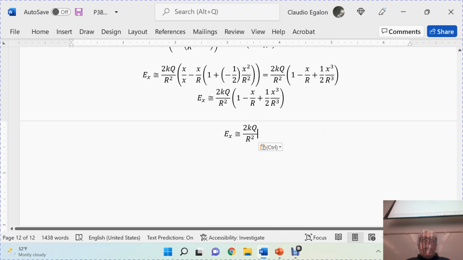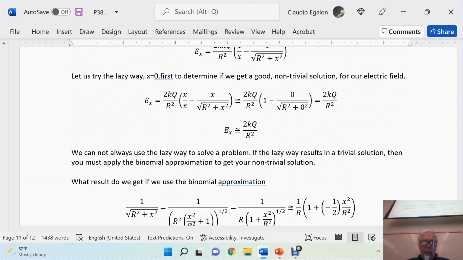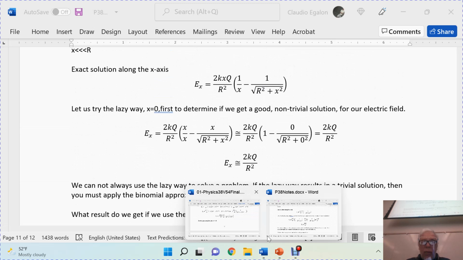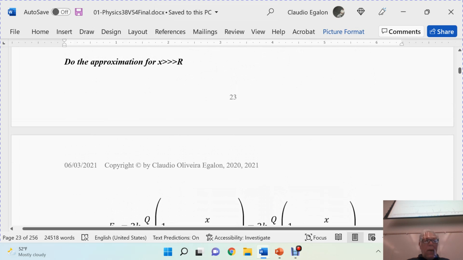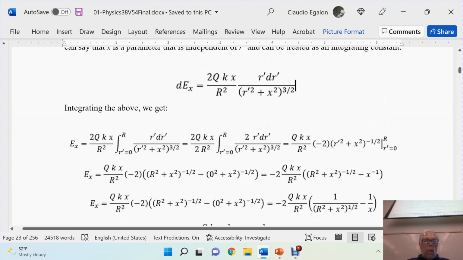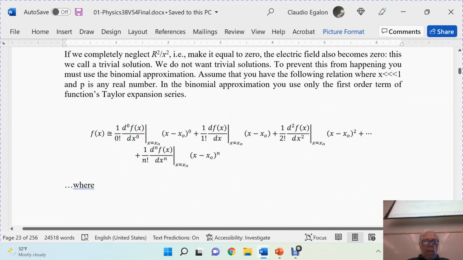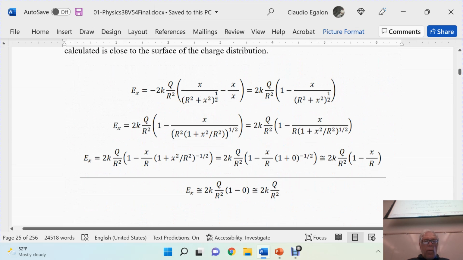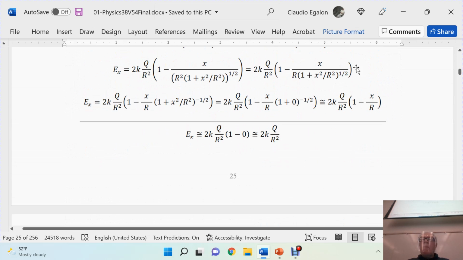Why do I have 2 in there? Yeah, that's right. Let me take a look. I'm suspecting these 2 here. x much greater than r. Yeah, this 2 is supposed to be there.